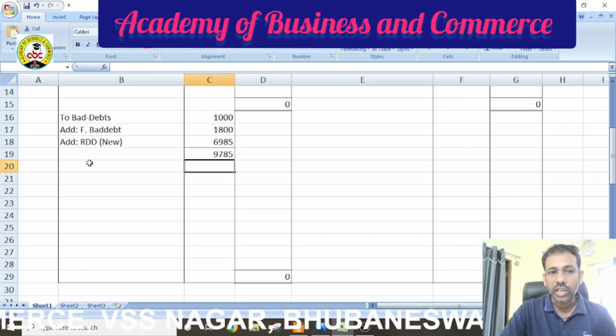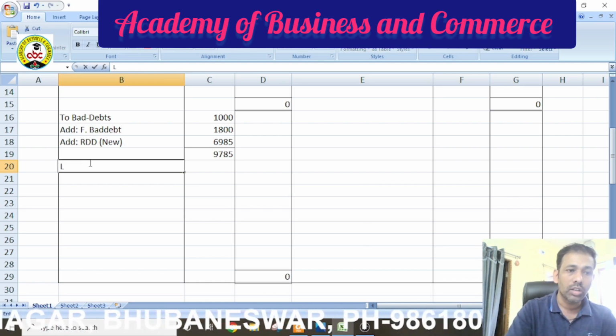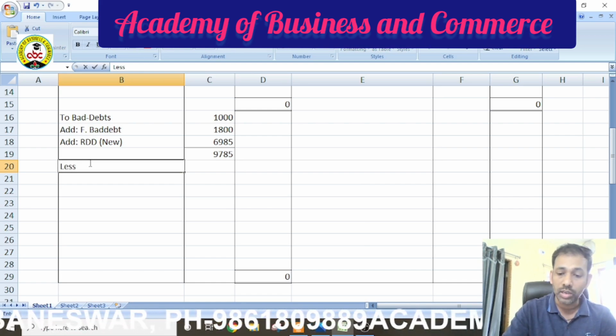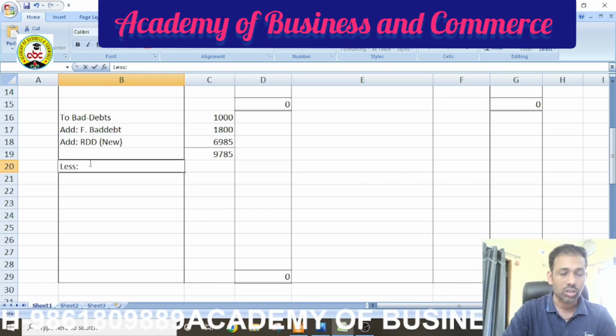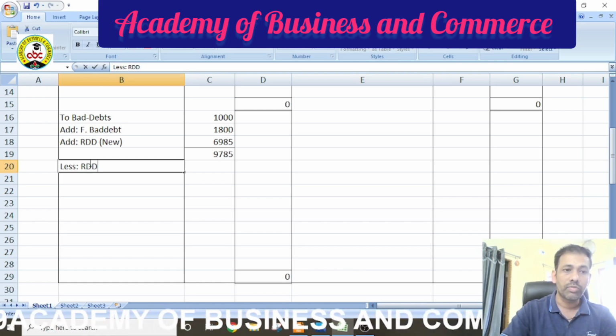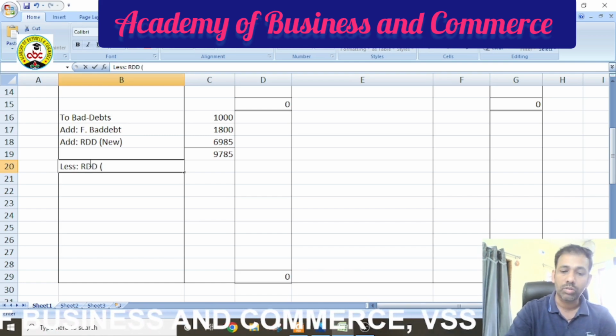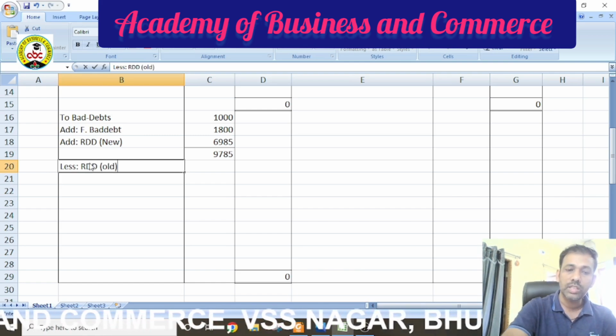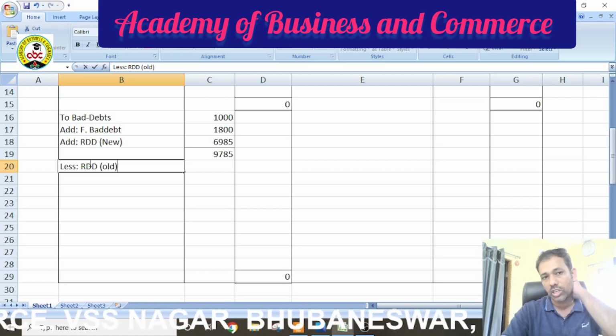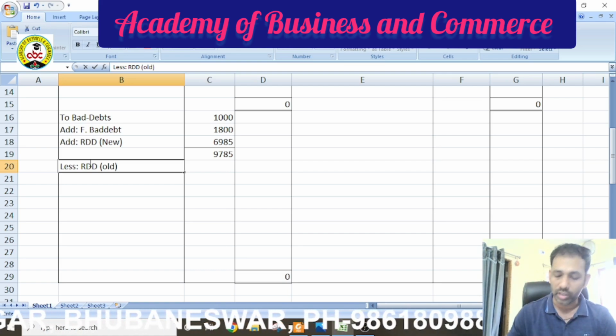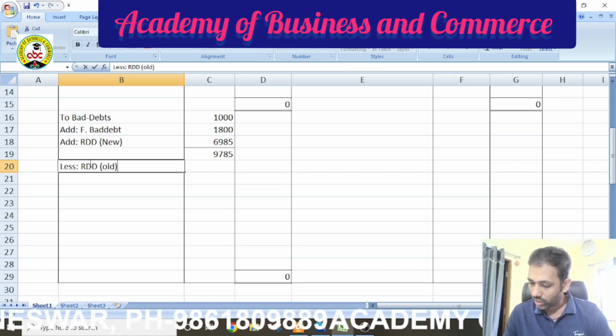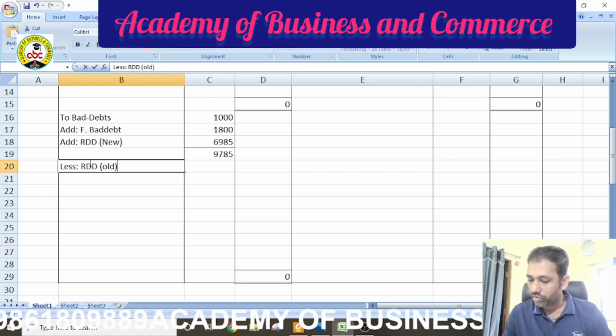Then we have to check whether there is an old reserve for doubtful debt available in the question, that means within the trial balance or not. RDD, reserve for doubtful debt. In bracket you have to write down old. If it is given in the trial balance credit side, then we have to take it. So let us check whether given or not. Yes, there is a 1,800 reserve for doubtful debt.